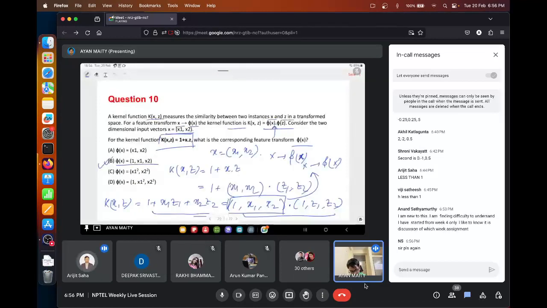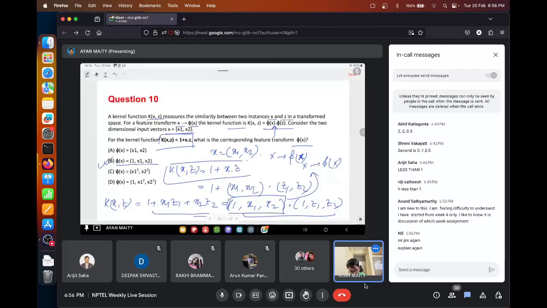So basically, this is a dot product x dot z. You have to expand the term 1 plus x dot z. x is the vector (x1, x2), and z is also a vector (z1, z2). Expanding this, you get 1 plus x1 z1 plus x2 z2. Now you have to decompose this whole kernel into two terms, each containing only x or only z terms, otherwise we will not get the transformation for x only and z only.